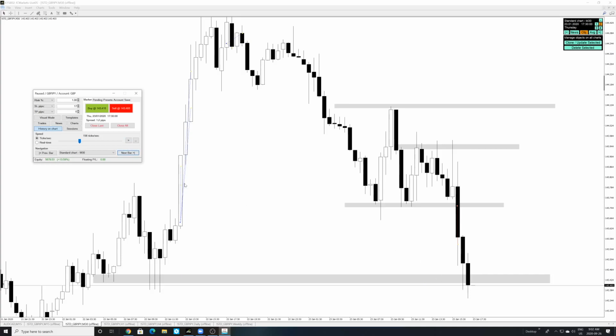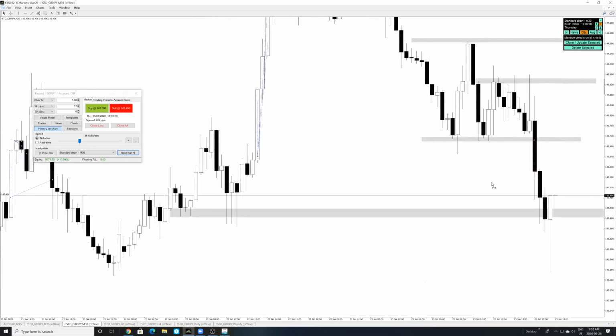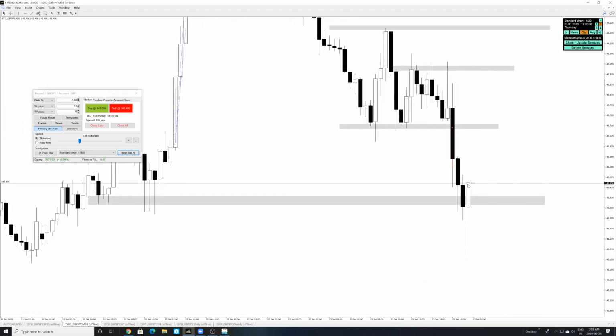Next 30-minute candle closed like this. Let's wait for the next one. Next 30-minute candle closed bullish. It closed above this support area over here, but at the same time it closed with no wick on the top. When a candle closes with no wick on the top, that basically means there's no range for the next candle to go up.